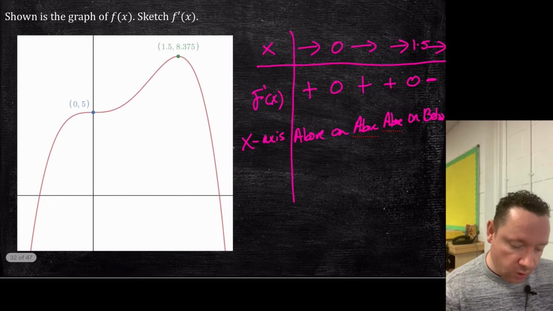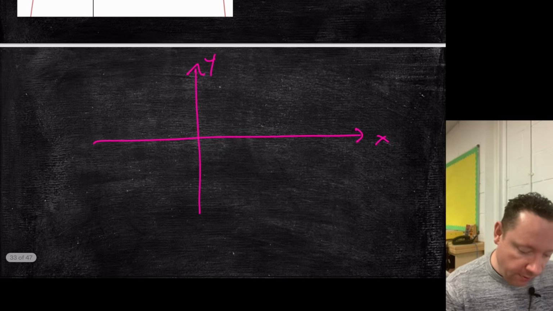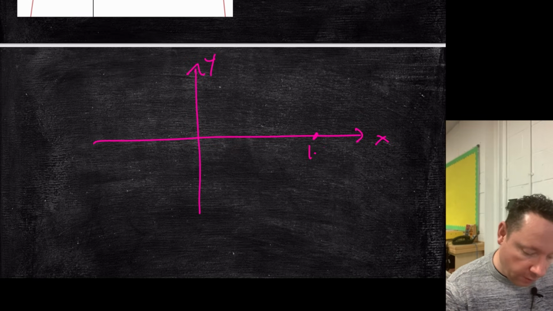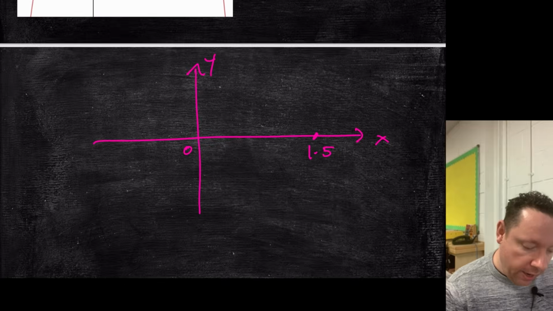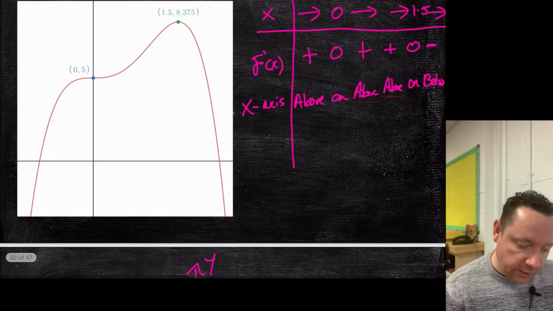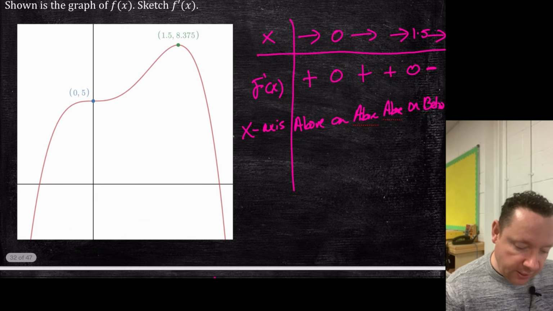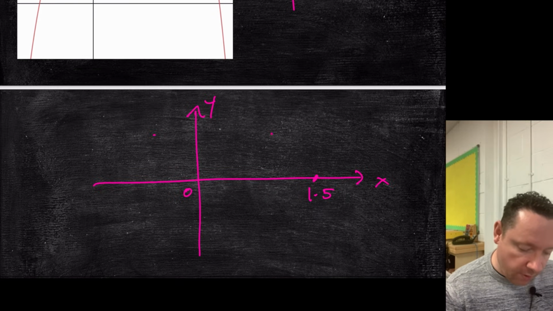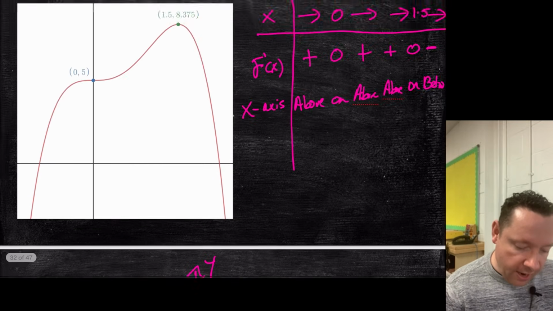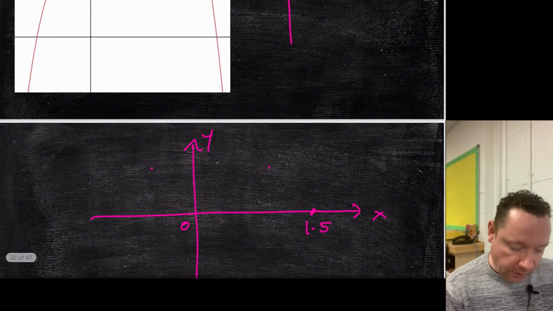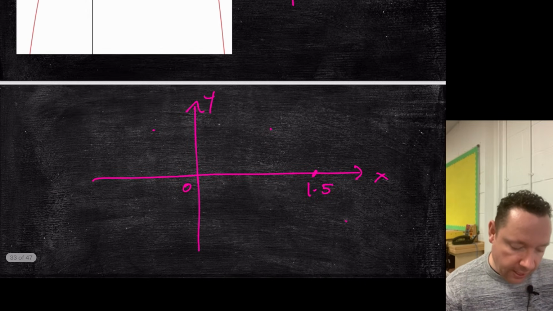So just putting our notes in, we've got 0 and 1.5. So I'll just put 1.5 over here and note 0. And then what's happening? Well, before 0, we're above it. So I'll just put a little mark there. Between 0 and 1.5, we're still above it. But then after 1.5, we need to go below the x-axis.